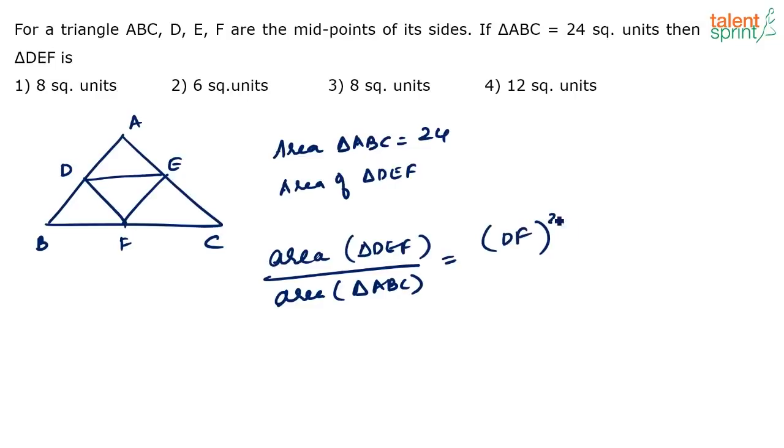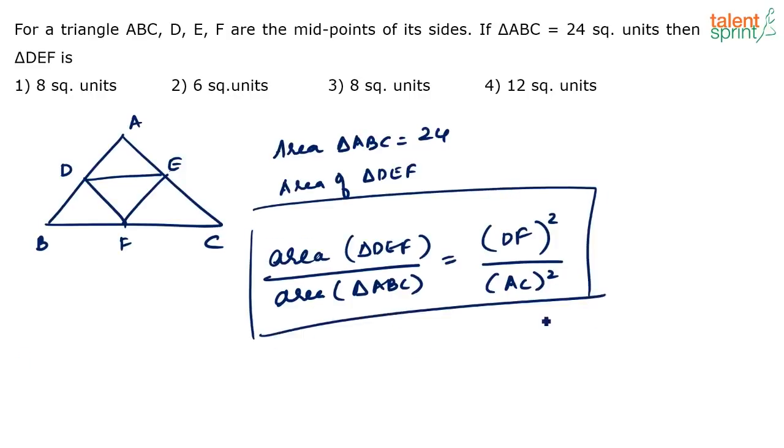So here DF squared divided by AC squared, or any corresponding side for that matter, DE squared divided by BC squared, or EF squared divided by AB squared. So if you know this, solving this question is very easy.